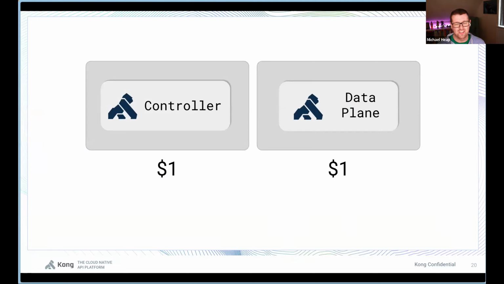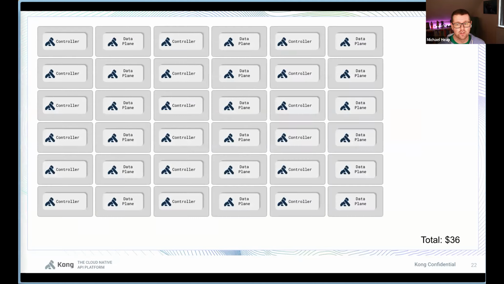And these aren't accurate numbers, but they illustrate a point. Imagine that the CPU and RAM and things that the controller takes is $1, and it costs you $1 for every data plane. On your first deployment, it's nice and easy. You've got one ingress, one data plane. That costs you $2 to run. But your service gets more and more popular, and before you know it, you're running 18 pods to handle the traffic.